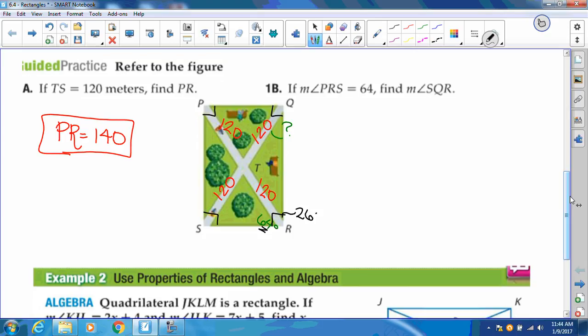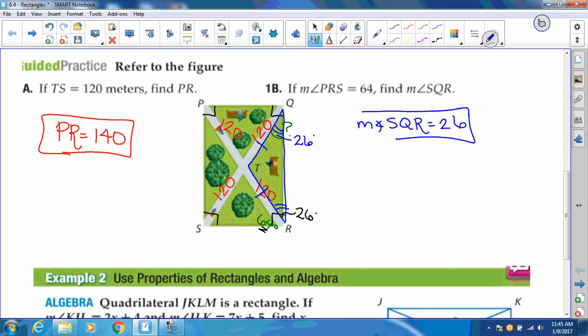And so since that angle here is 26, what we have here is a triangle. And if you notice, these two segments are the same. So we're looking at an isosceles triangle. And so remember that in an isosceles triangle, those base angles are going to be congruent to each other. So that angle is going to be 26. So the measure of angle SQR is equal to 26.